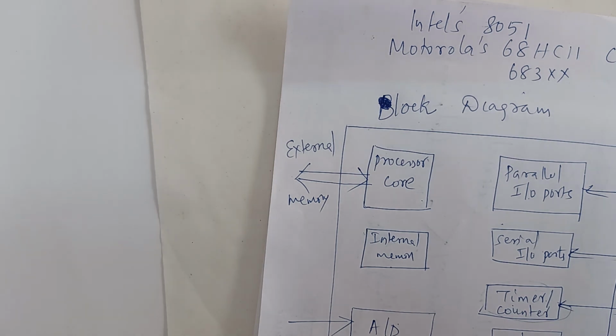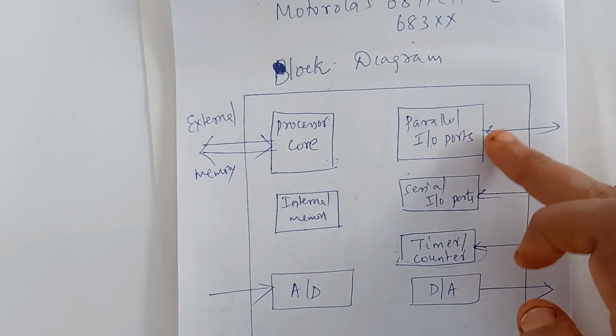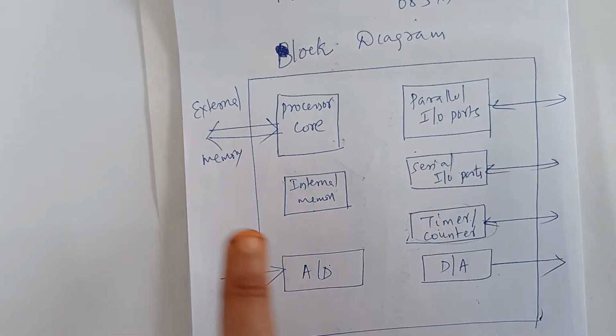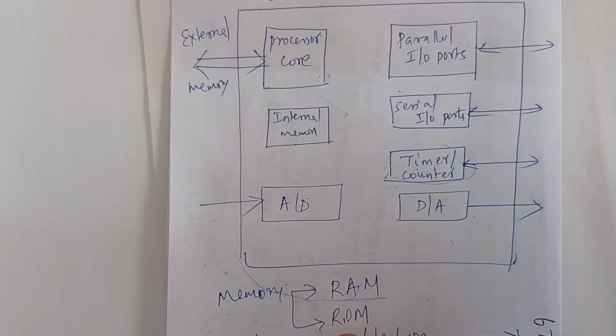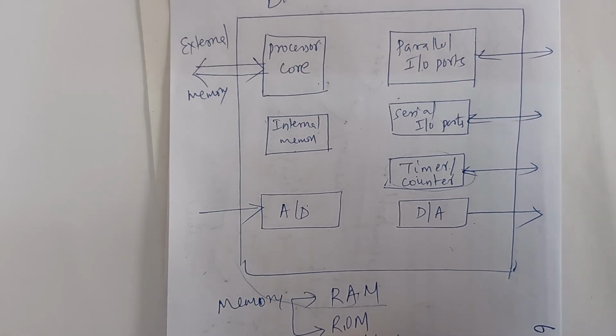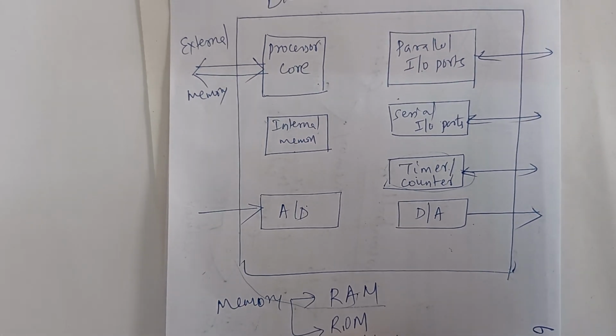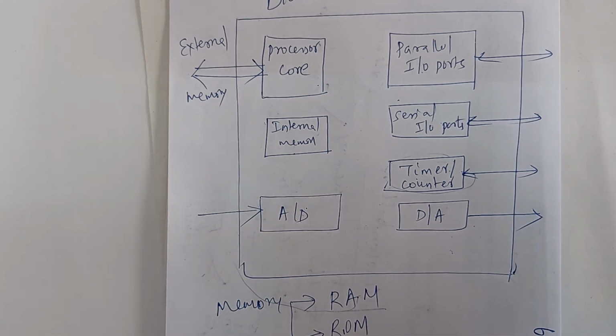But in the microcontroller, we embed everything in a single integrated chip. That chip has the processor core, then input output ports, both serial and parallel. Then we have the internal memory, both RAM and ROM. ROM is generally E square PROM or EEPROM, because of the lack of a floppy disk, or the flash memory.